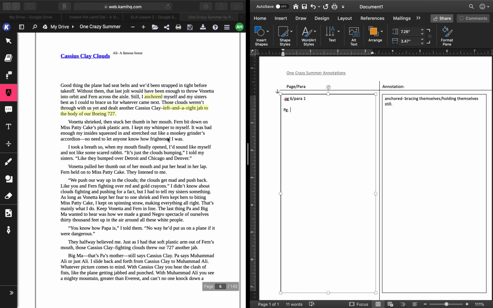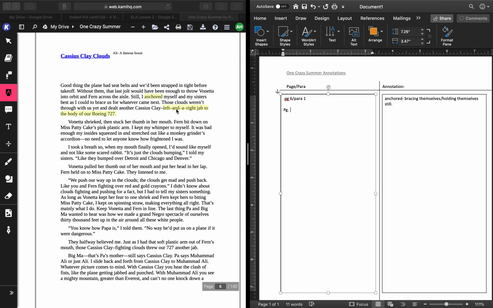We have Cassius Clay, which is a person, a left-right jab. A jab is a punch to the body of our Boeing 727. That is an object. That's our plane. And they're talking about the clouds. Can clouds punch a plane? No. But this type of figurative language lets us know that the plane was being knocked around, right? It was experiencing a lot of turbulence.